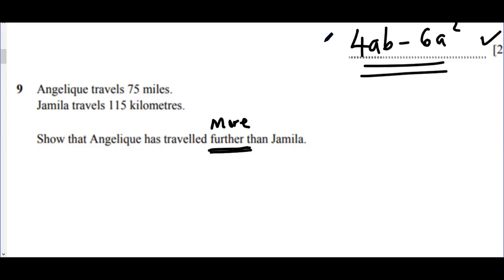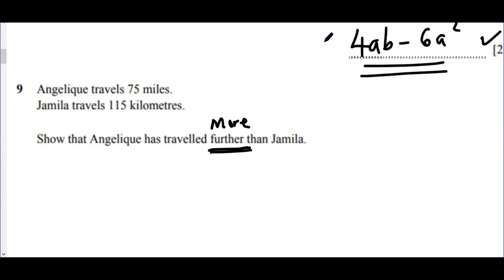Okay, so class, you tell me, did I teach you how to convert miles into kilometers? Yes. Did I teach you also how to convert kilometers into miles? Yes. Thank you very much. So now go back to the notes and open the notes where I told you how to convert miles into kilometers.